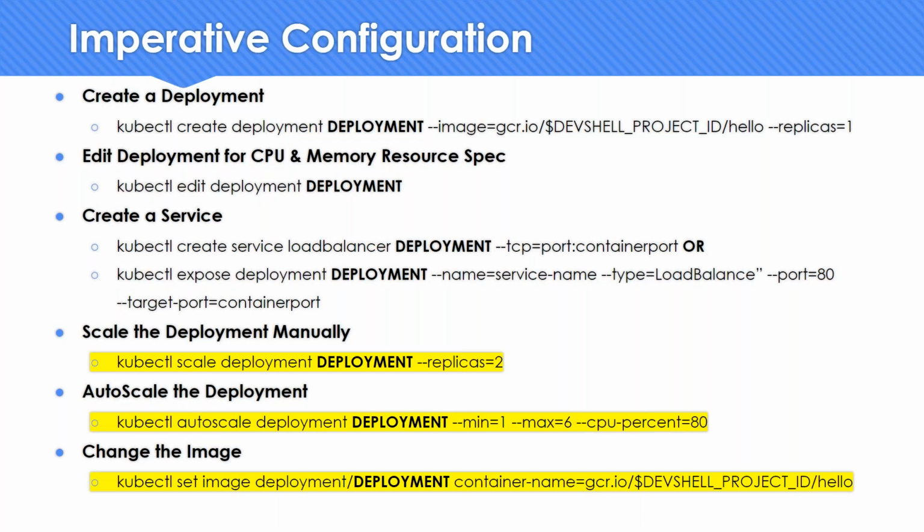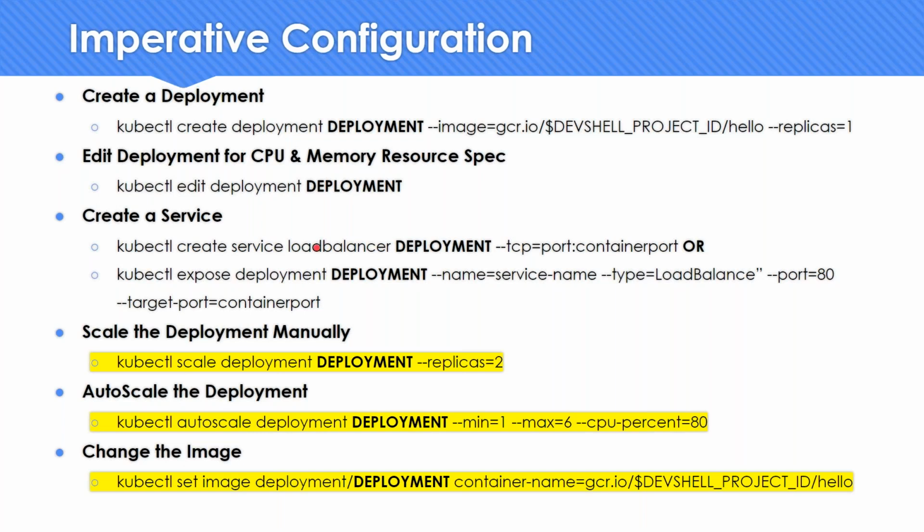Remember that. The commands which are highlighted in yellow color are important from the exam perspective. I have seen a question on the last one, kubectl set image. What is that? I'll show you that during the demonstration. But these commands are important, so you can focus somewhat extra on them.